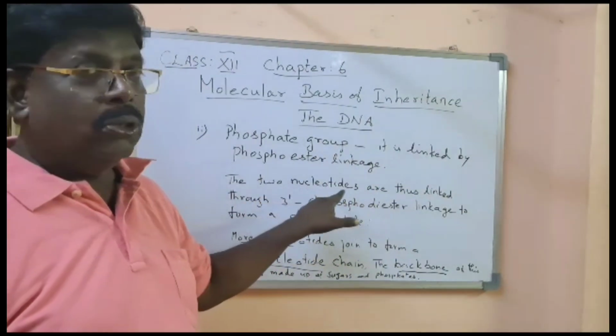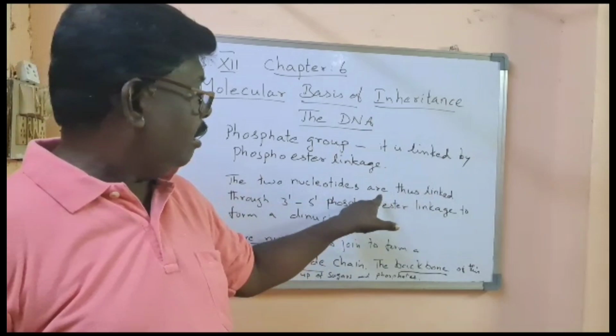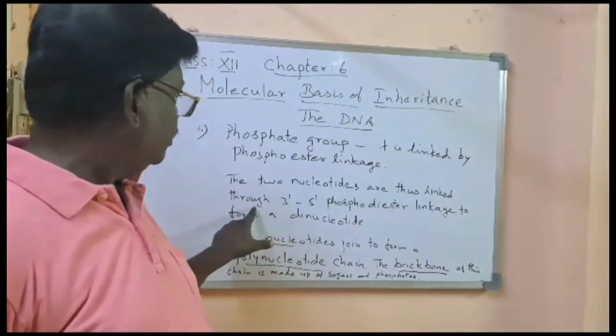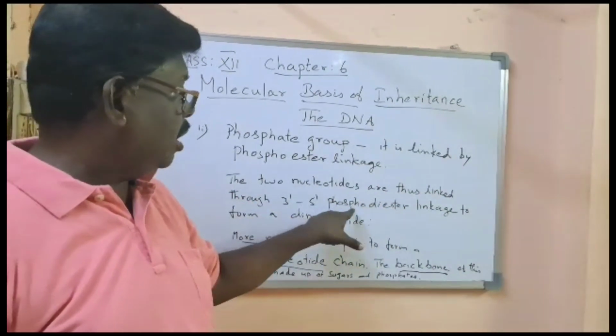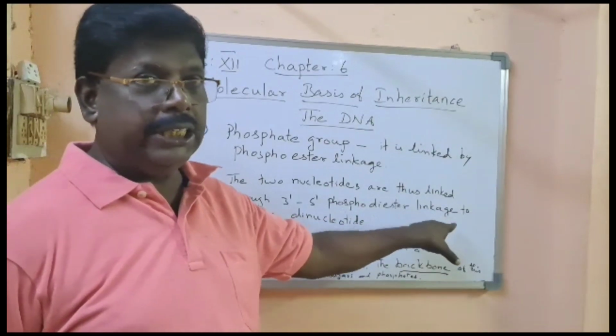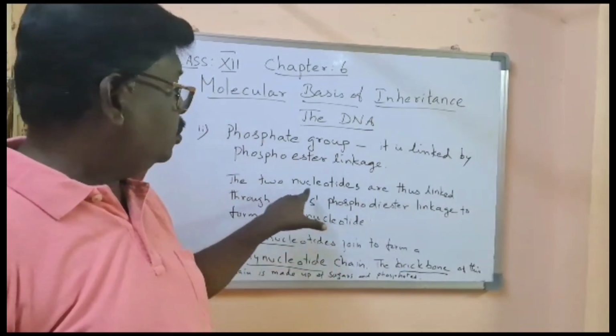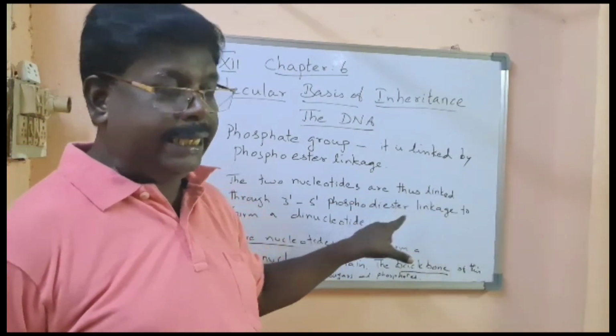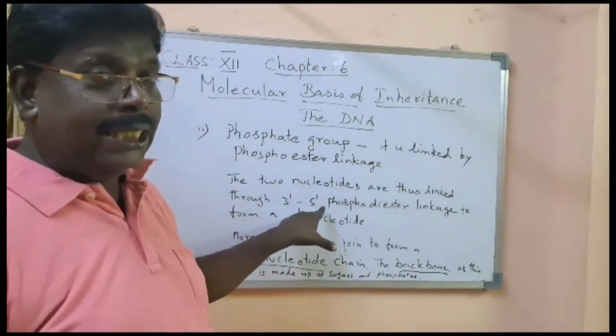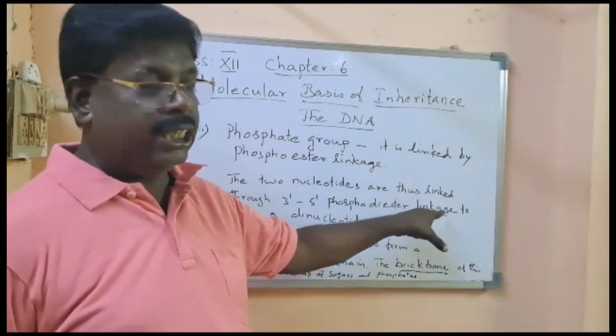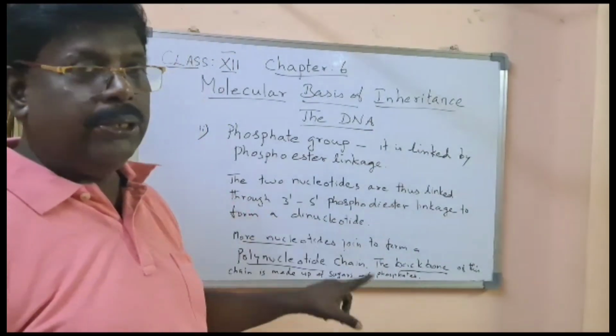The two nucleotides are thus linked through 3'5' phosphodiester linkage to form a dinucleotide.